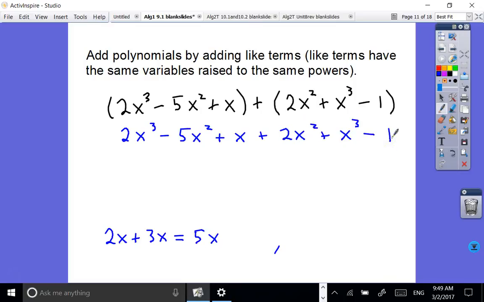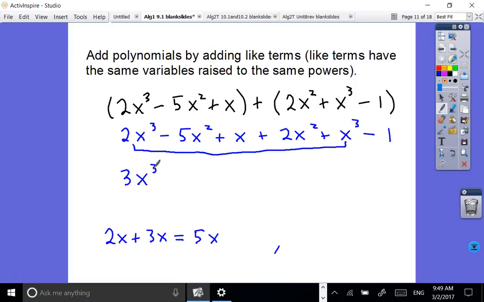Okay, now first, if I'm going to add these up and write my answer in standard form, which is the highest power that I want to make sure goes all the way on the left? 3, okay? So how many x to the thirds do we have? We have 2x to the third there and 1x to the third there. That's 3x to the third.